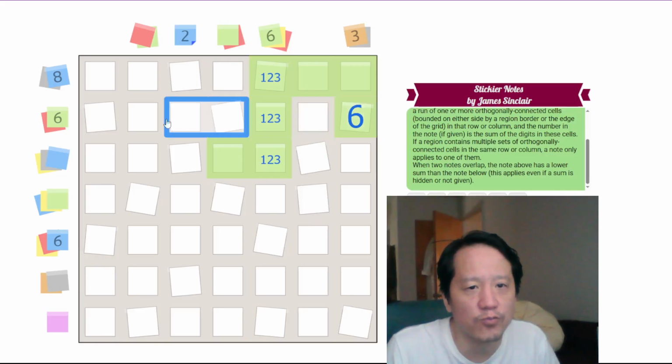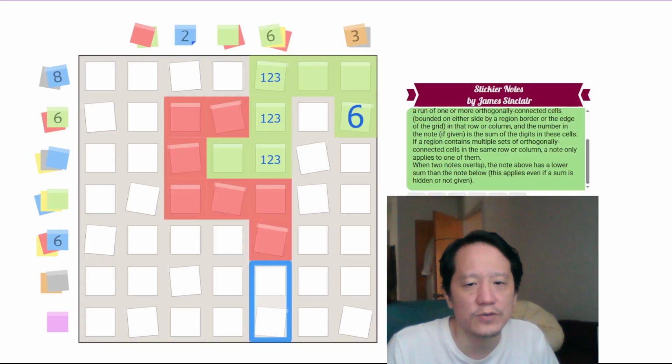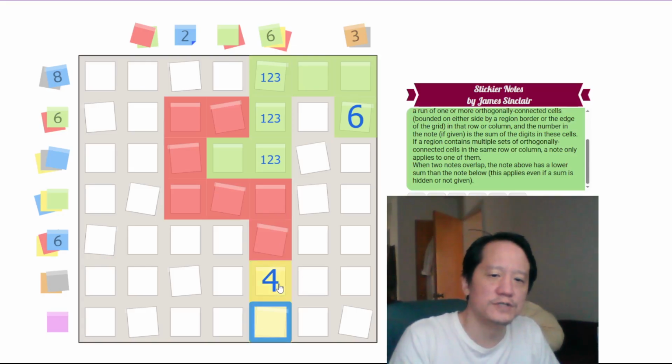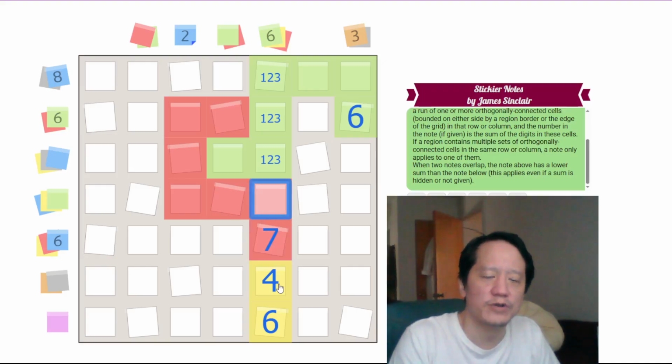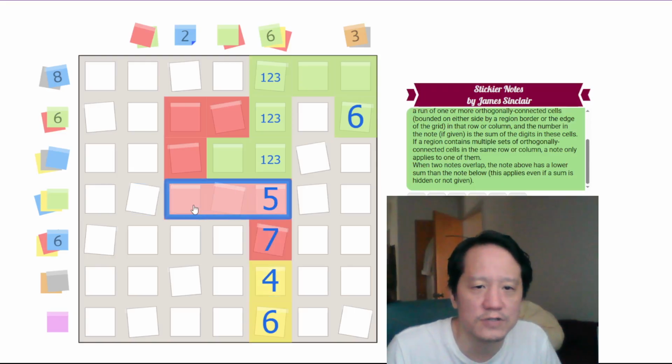And we'd have to have red as a set, which would have to be greater than 6. So you could have red doing something funky like this, and then you could have yellow going like that. And this would work. You could have yellow being like 4 and 6, and then the red being 5 and 7. That could potentially work, or something along those lines, right?